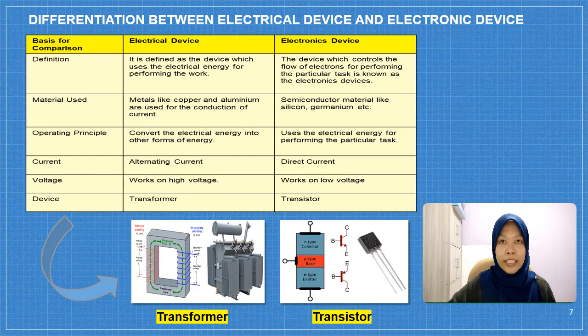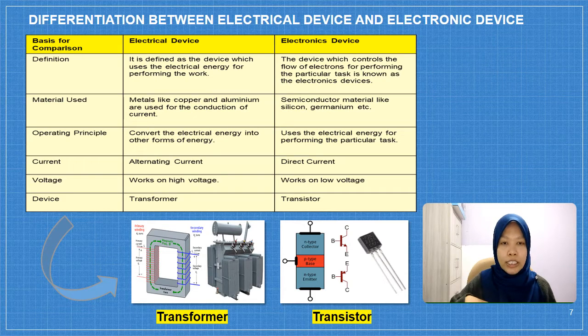For the operating principle, electrical devices convert electrical energy into other forms of energy, while electronic devices use electrical energy for performing a particular task. For the current, electrical devices use alternating current AC.